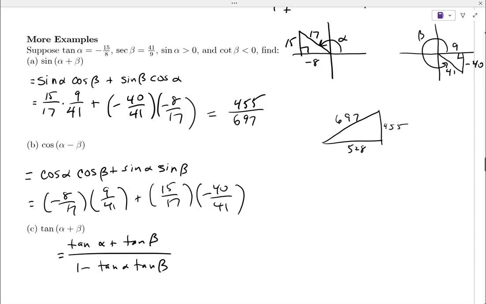Again, first step is just to write out what the sum formula is for tangent. And then next step will be to replace all the numbers, right? Tangent of alpha is what in this case? Negative 15 over 8. Yeah, that was one that was given to us, right? Tangent of beta is? Negative 40 over 9.